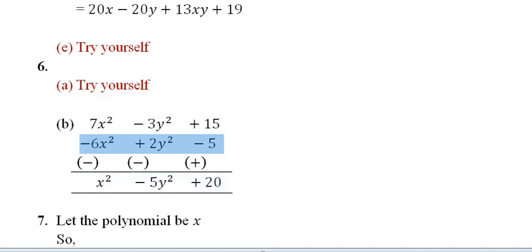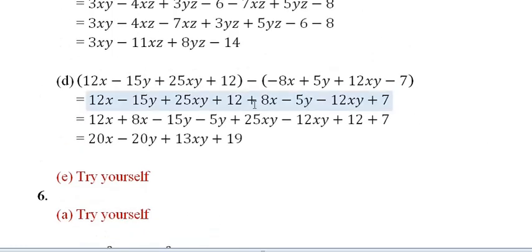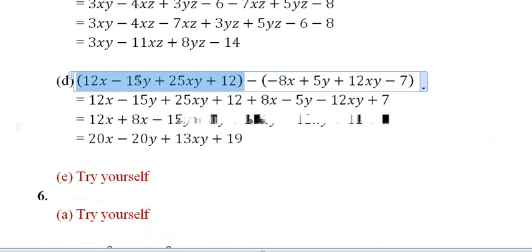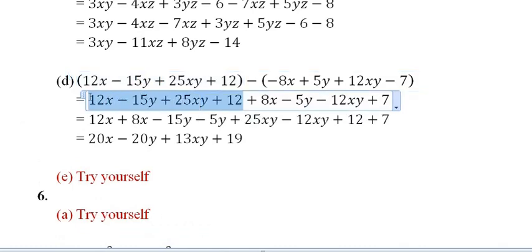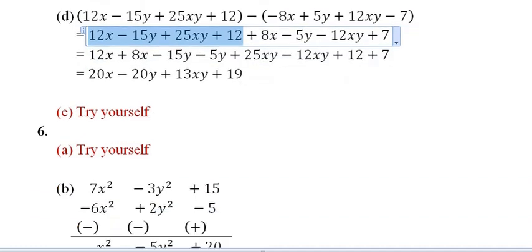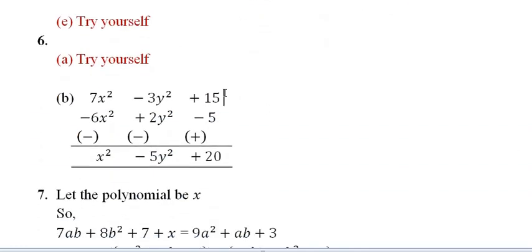And the same logic we have applied out here also, that the first expression should be inside the bracket, and when you open the bracket, it will be the same as it is, isn't it? So the same logic has been applied out here. The first expression will be the same, but in the second expression, all the signs will be changed.